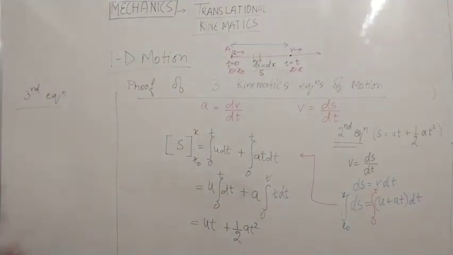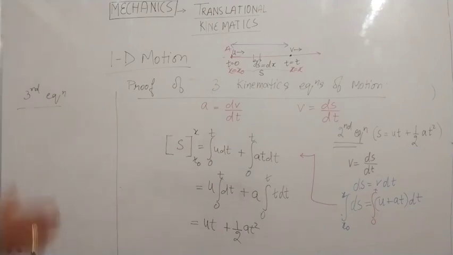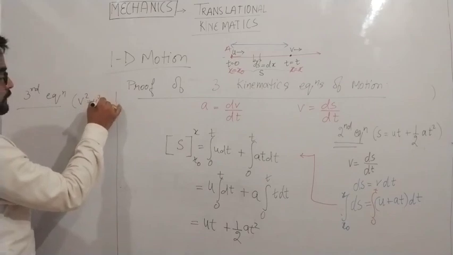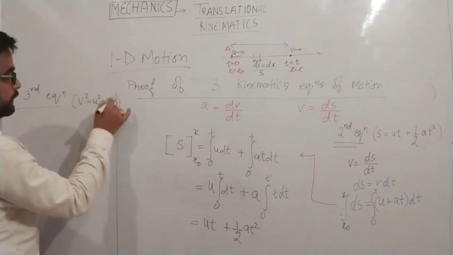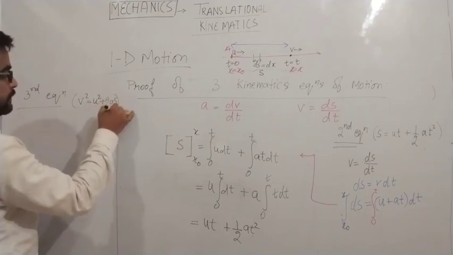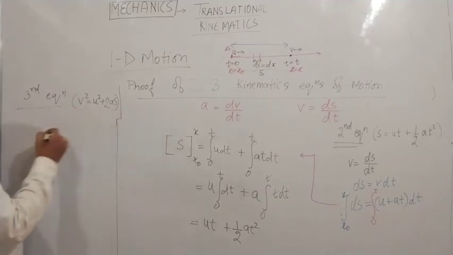Okay. And now the third equation. The third equation is v square is equal to u square plus 2as, right? This is your equation.